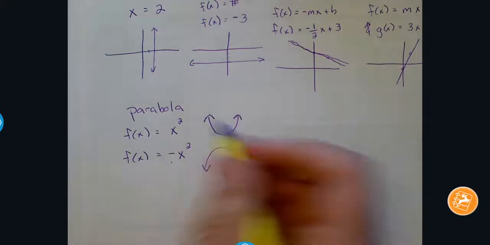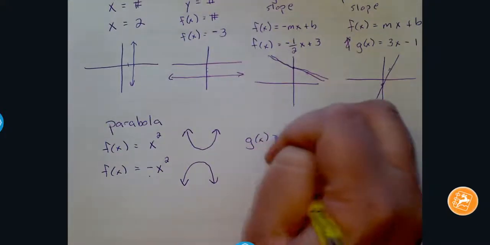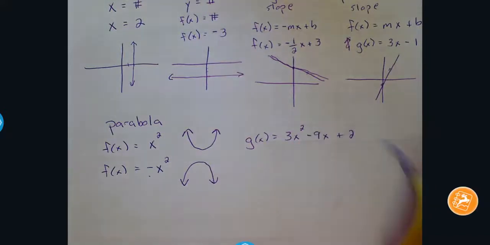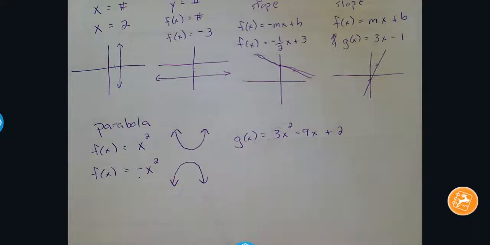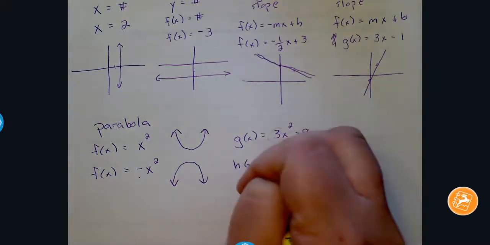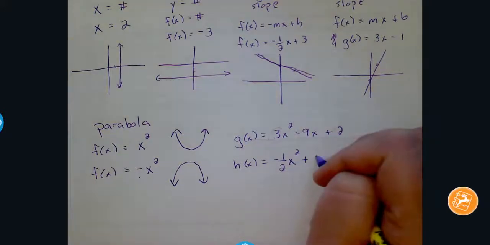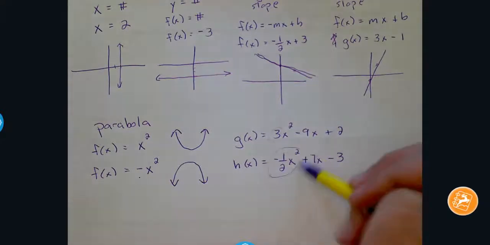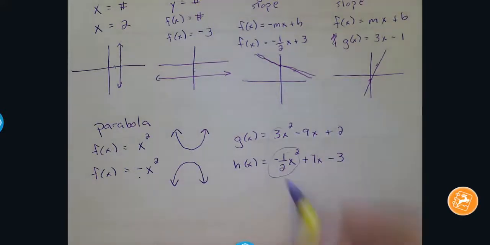You might remember this from Algebra 2. So a positive number here, such as g of x equals 3x squared minus 9x plus 2, because there's a positive 3 in front of the x squared, our parabola is going to open up. If we had h of x equals -1/2 x squared plus 7x minus 3, that -1/2 in front of that x squared is going to make our parabola go down.